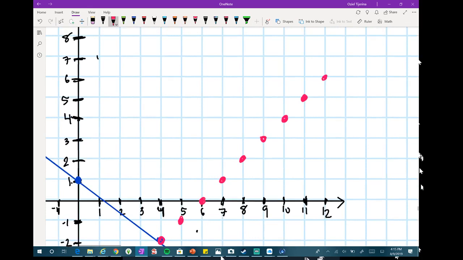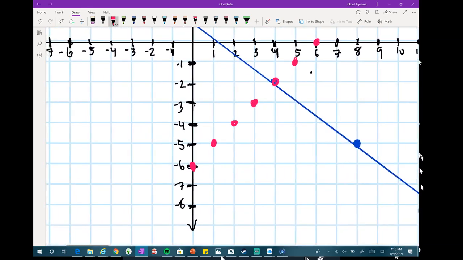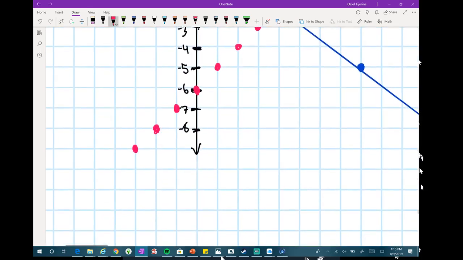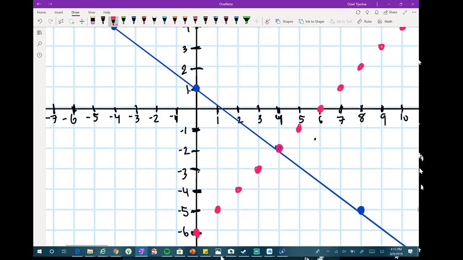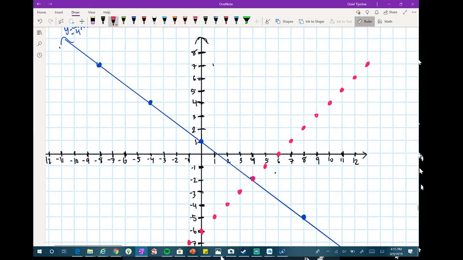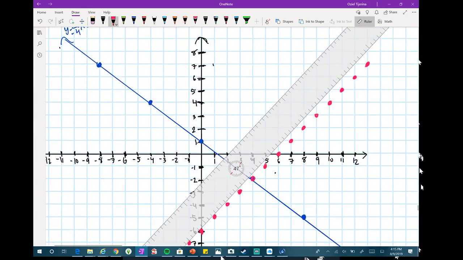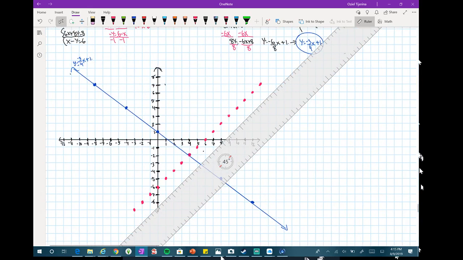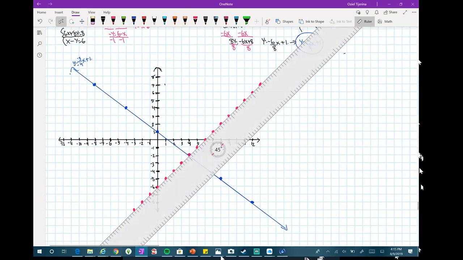And then you do the same thing over here: you go down 1, left 1, down 1, left 1, down 1, left 1. And then you trace it, so it would look something like this.